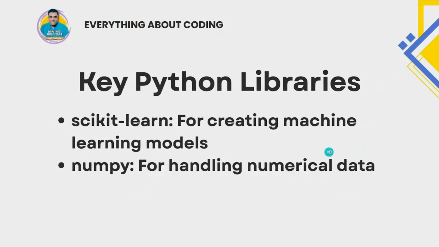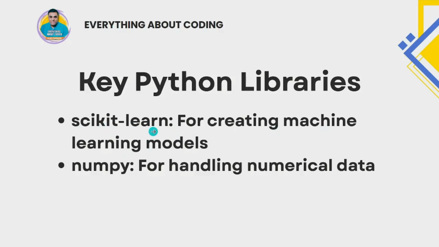Now what we need to do is understand the Python libraries, and the first is scikit-learn. This is one of the most important libraries that we are going to use, and for machine learning it is a must. For creating machine learning models, this is the package that we are going to install.